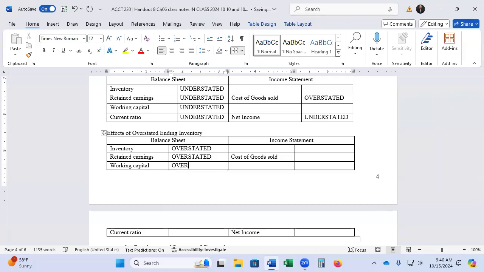Working capital is overstated. And your current ratio is overstated. Now, of course, the opposite effect happens with your expense, and that's understated. And that means your net income is overstated.